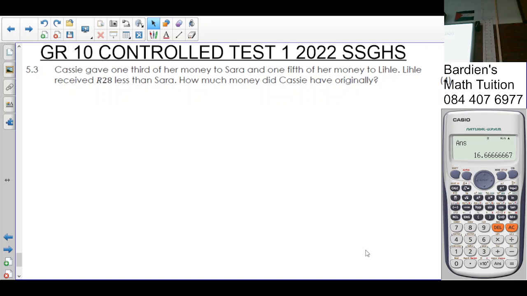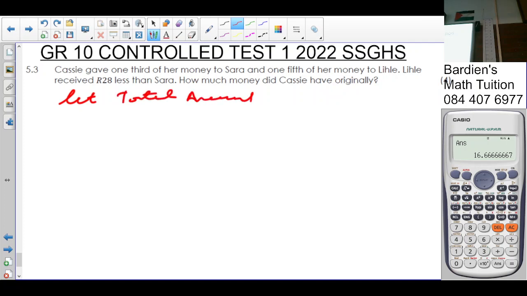We are told Leah received 28 rand less than Sarah. How much did Cassie have originally? So if we let the total amount that Cassie has be x.